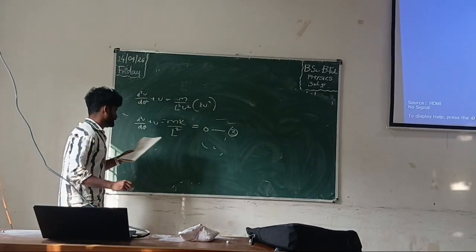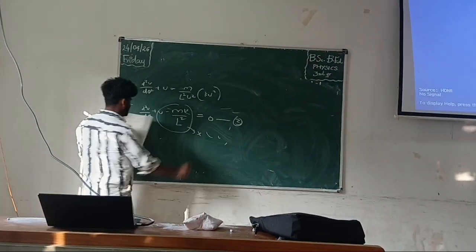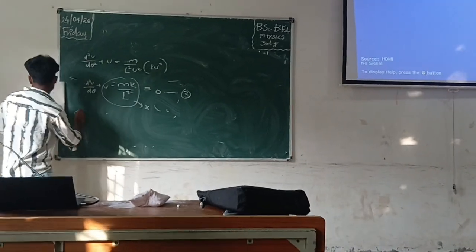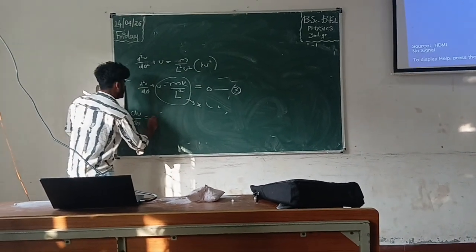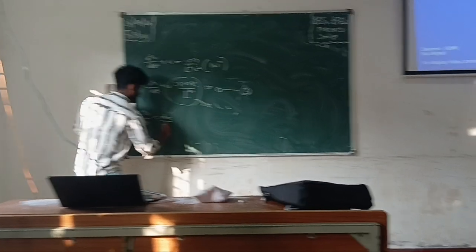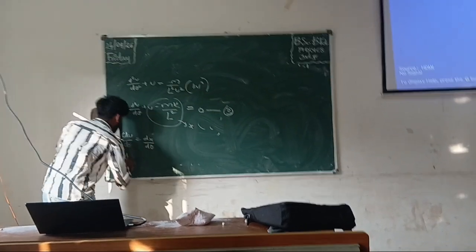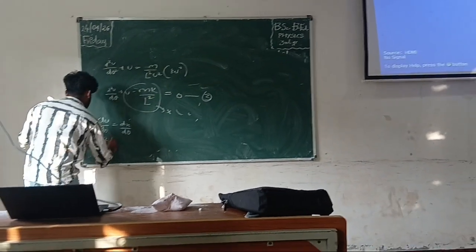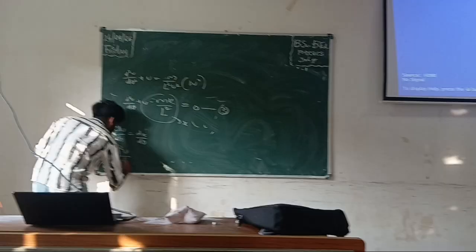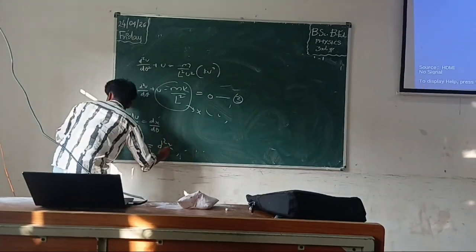After that, we take this as x. So du by d theta is equal to dx by d theta. We differentiate again and get d square u by d theta square is equal to d square x by d theta square.